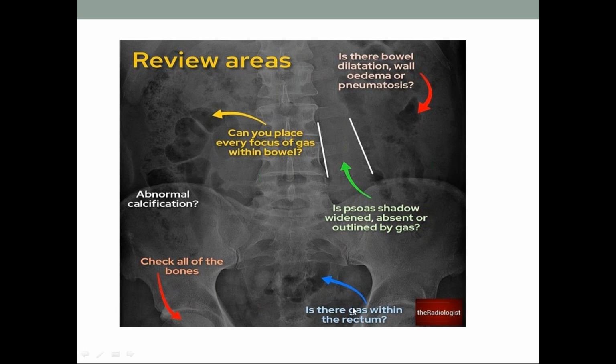Is there gas within the rectum or not? This is a very important thing we have to do. If the rectal gas is absent, we have to suspect there may be obstruction. Whether or not the patient has symptoms, if the rectal gas is absent, it means there is an abnormality.